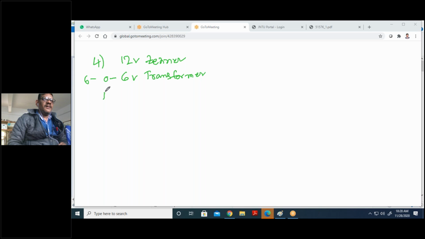So here the Zener diode is used in a bridge rectifier. Does it act as a rectifier or not? Rectifier, you can explain. Impossible, also you can explain. Tell me, ma. Anyone?